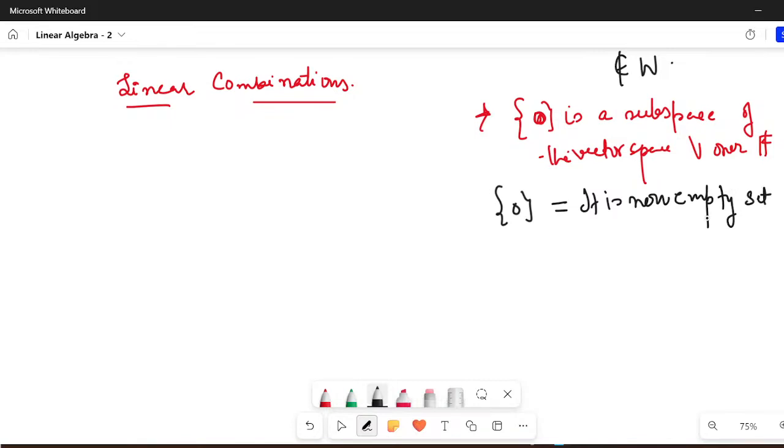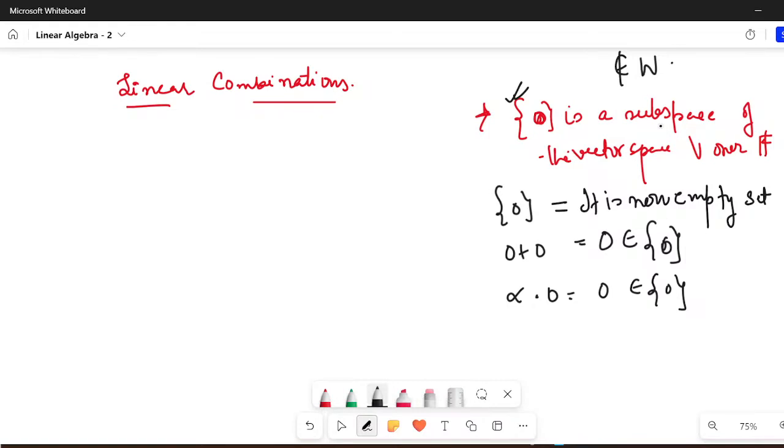Secondly, if you add 0 to 0, that is W1 plus W2, again you will get 0, which is again contained in this singleton. Also, if alpha belongs to the field F and you multiply it with 0, alpha times 0 again gives 0, which is again contained. So trivially, this is a subspace of the vector space V over F.